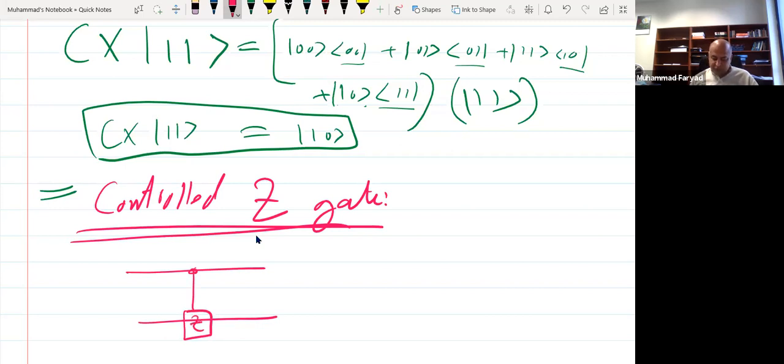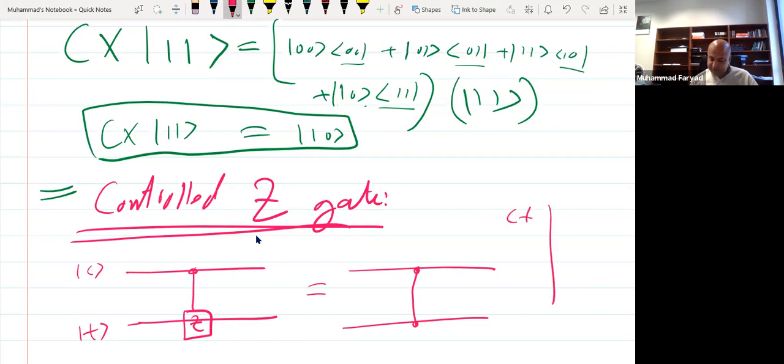And actually, we'll see a little bit later that even though this was a symbol initially, some people would actually use this symbol as well. So this is target. So the idea is this, that if control is 0, nothing happens to target. So 0 0 goes to 0 0, and 0 1 goes to 0 1.